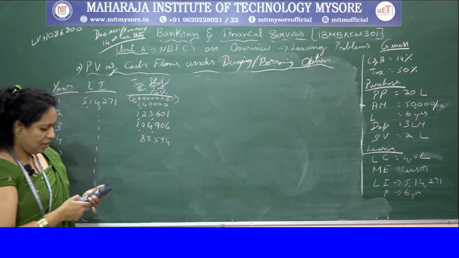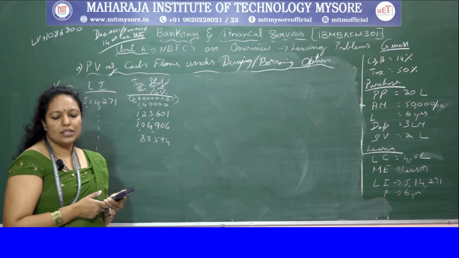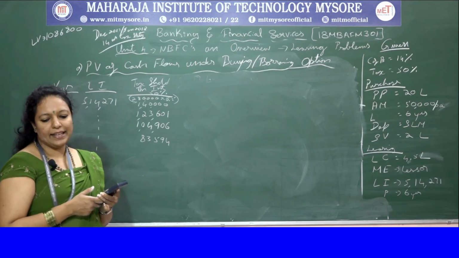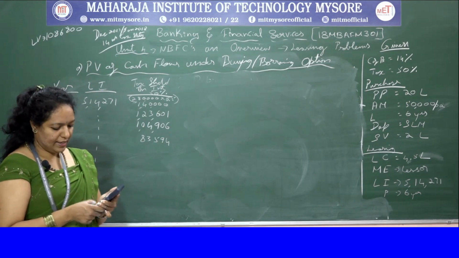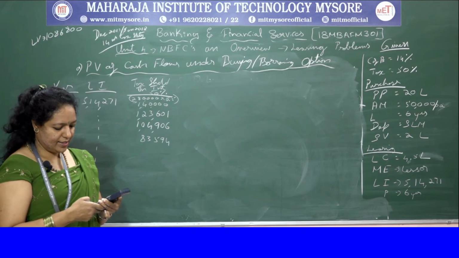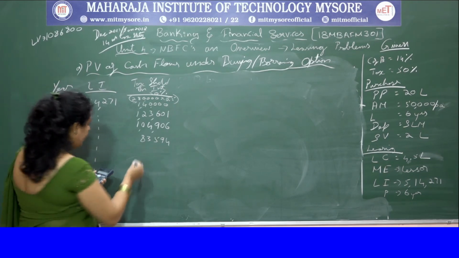83,594. Okay, next year the interest is 1,18,596. Half of it, if you do, you get 59,298.